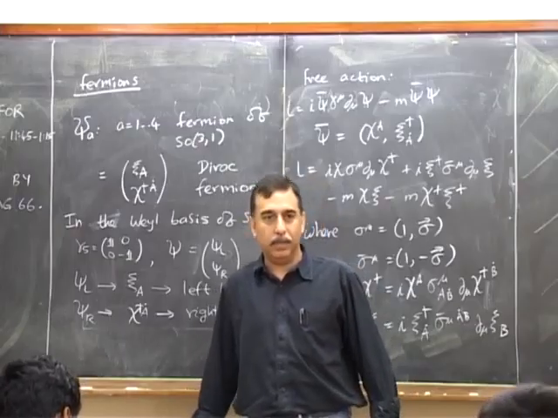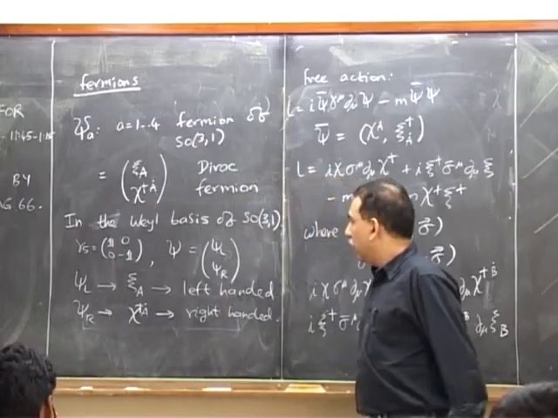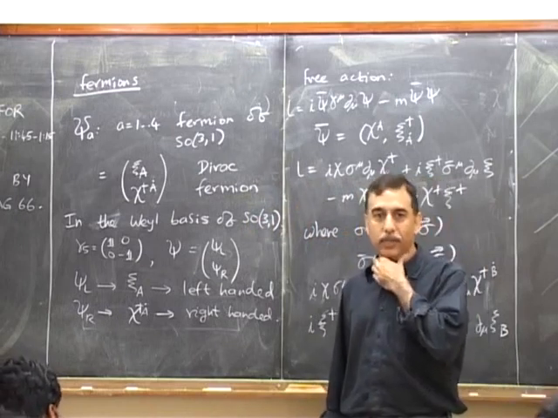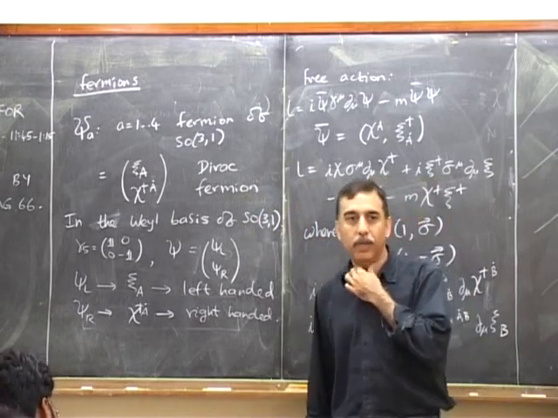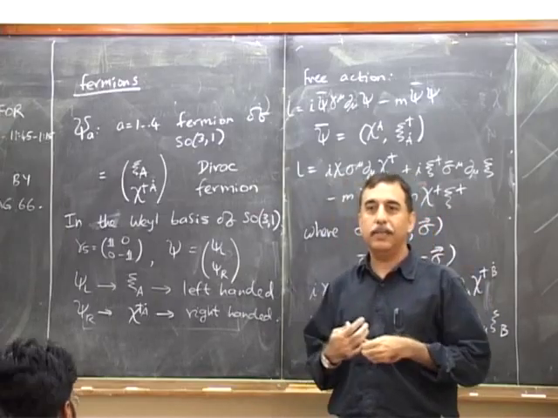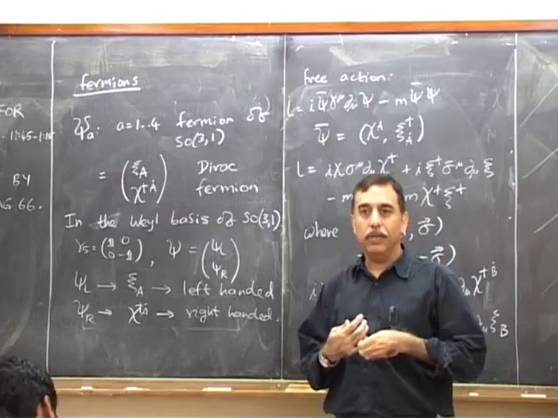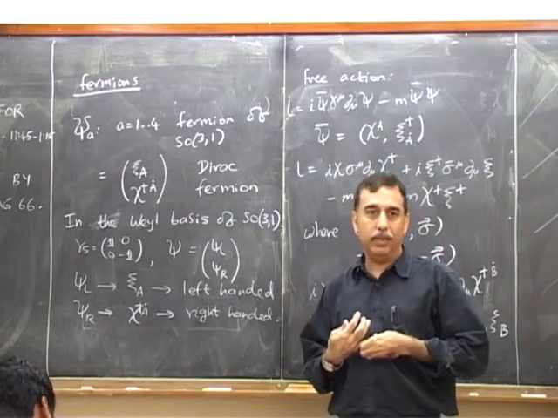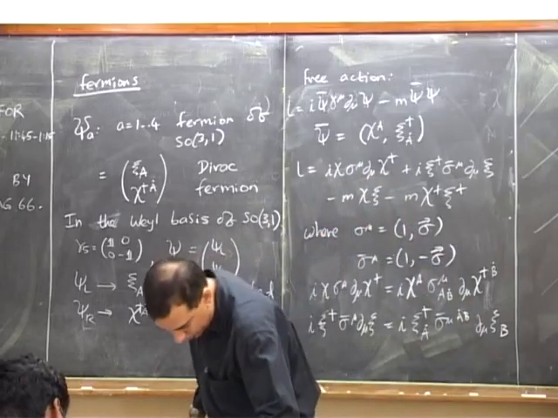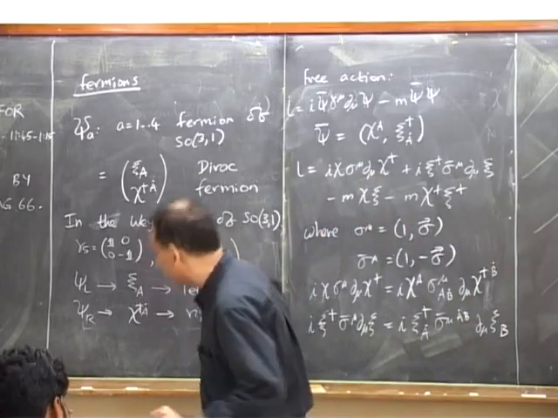That's one way to say it. Now, one thing I hope you all know is that CPT conjugation in 4 space-time dimensions, though not in all space-time dimensions, takes a left-handed to a right-handed particle. So anything that I say for a left-handed particle is also true for a right-handed antiparticle. That's something to keep in mind. We will perhaps encounter it later.